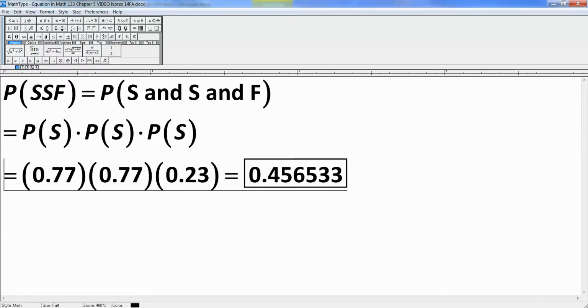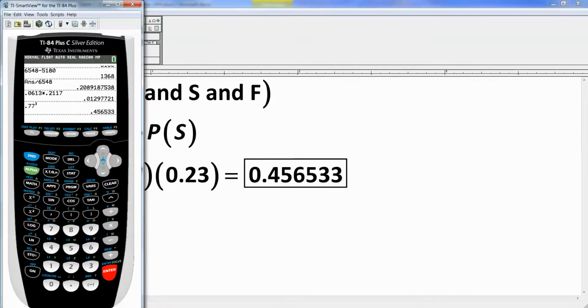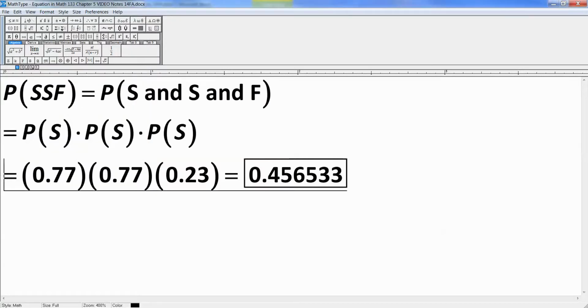Let me make that very clear. So that means I want 0.77 squared, move my right arrow, times 0.23. You could use parentheses as well. And we get 0.136367.